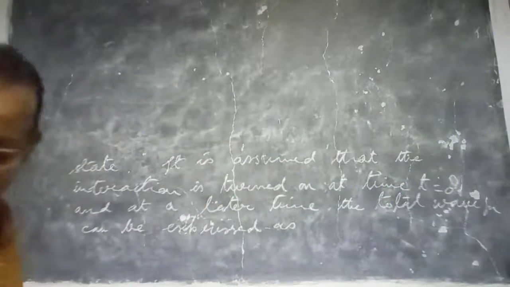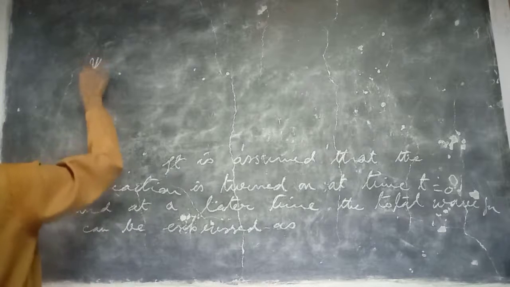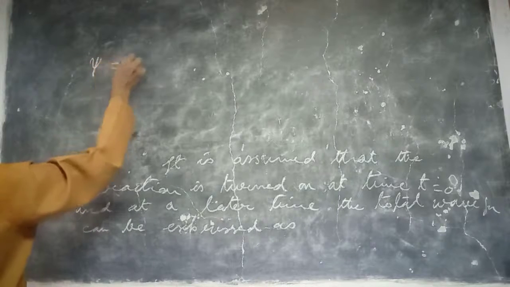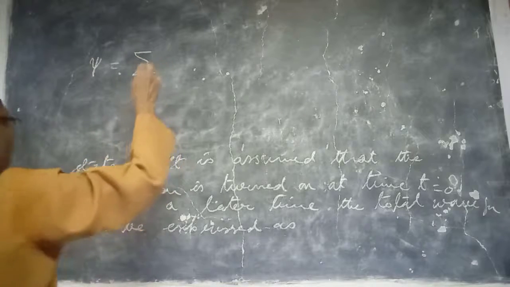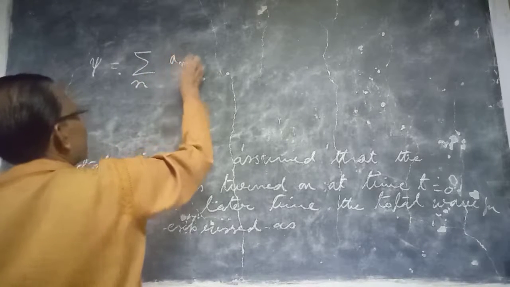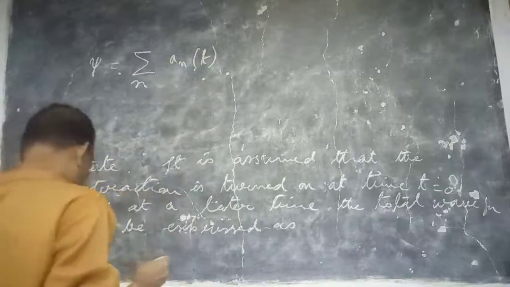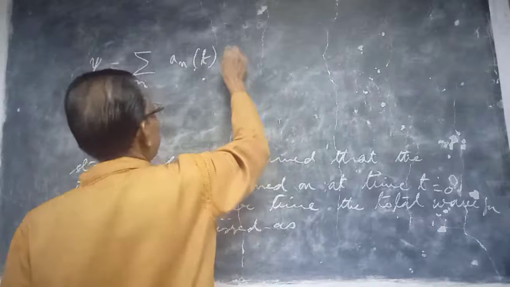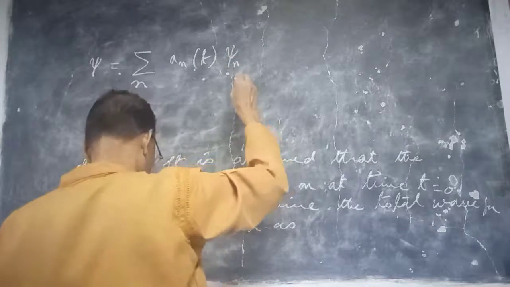So the final wave function at a later time, psi, can be written as the sum over n of a n, where mod square of a n gives the probability of finding the particle in the state psi n.